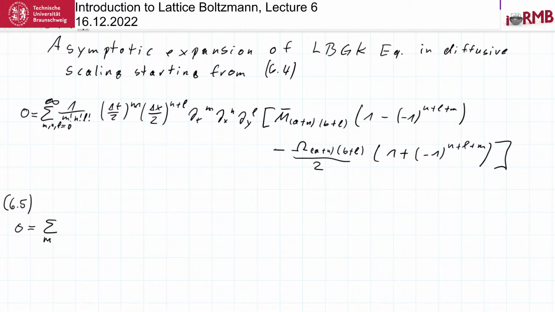So we have the sum over m n l equal to 0 going to infinity, and I do not want to write another sum, so I now use Q equal to 0. Q is the order of the moments that I also have to count up. It's also starting from 0 and goes to infinity. So I now have 1 divided by m factorial, n factorial, l factorial.